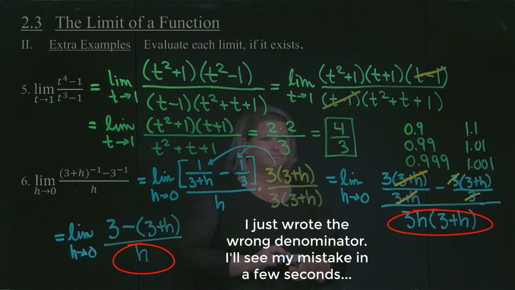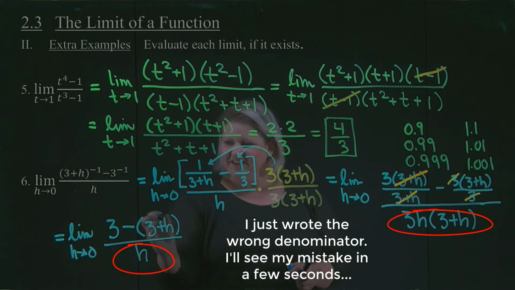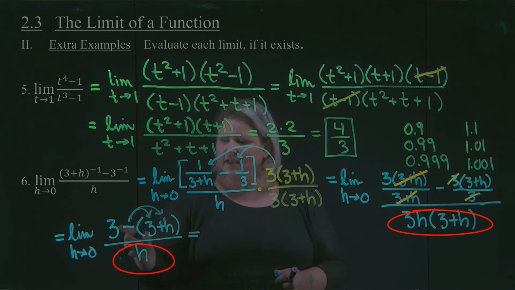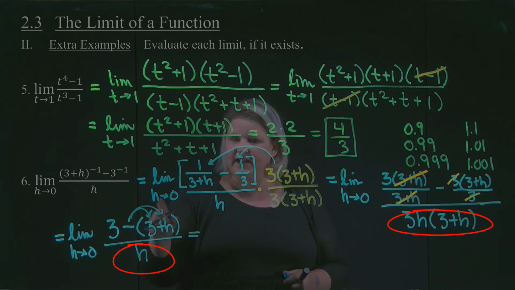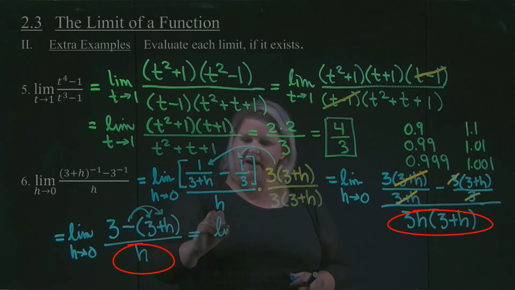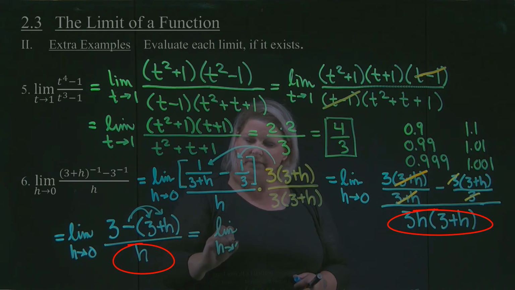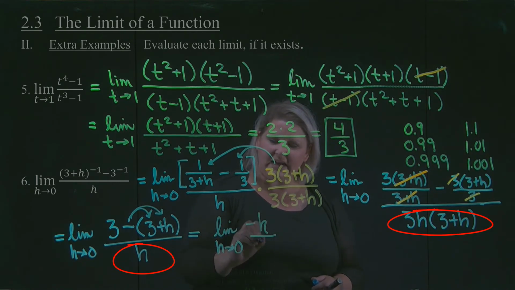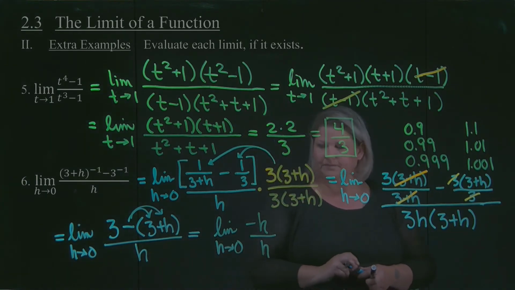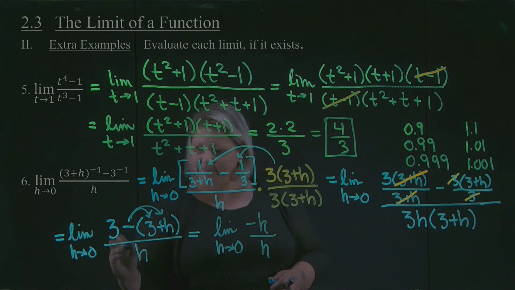Okay. Now, let's see what we've got. Oh, yay! So if I distribute this negative sign out, notice what will happen. I end up with 3 minus 3 and a negative h. Well, 3 minus 3 is 0, and I end up with negative h for the numerator. Oh, whoops, sorry. The bottom, I forgot these pieces.